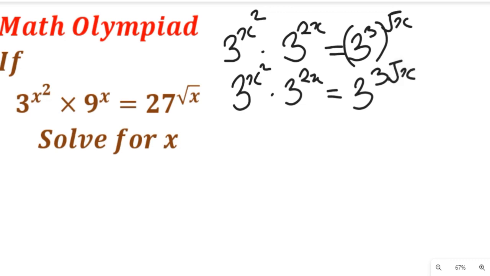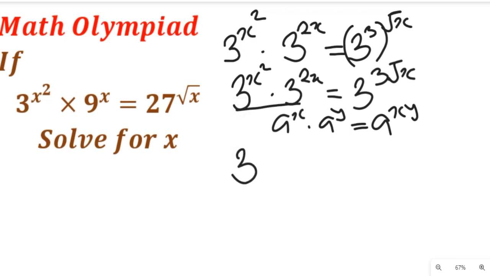Now, remember a law in indices: if we have a to the power of x multiplied by a to the power of y, same base, different powers, that will be a to the power of x plus y. Applying this, we have a common base 3, and this will be x squared plus 2x, equal to 3 to the power of 3 root x.